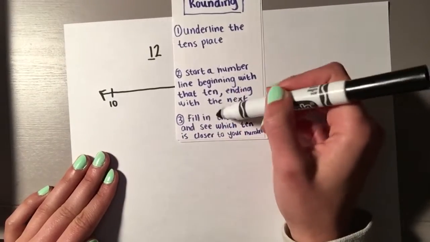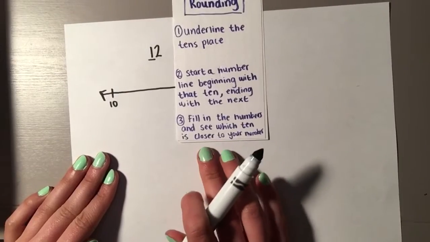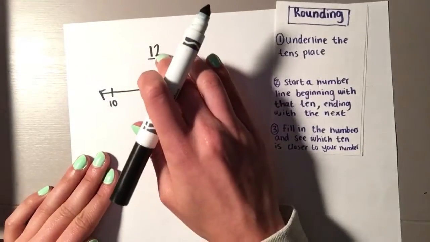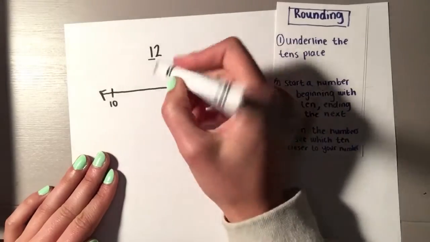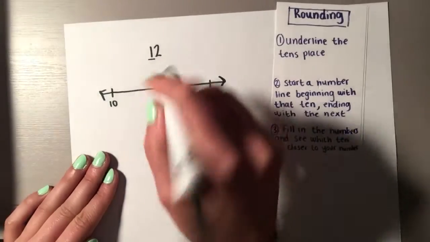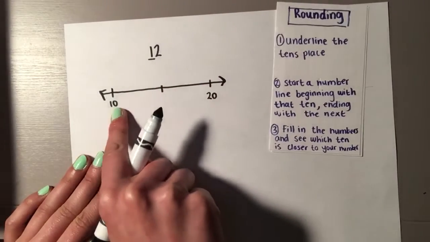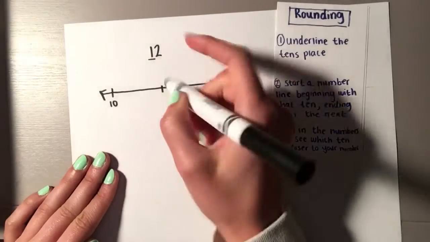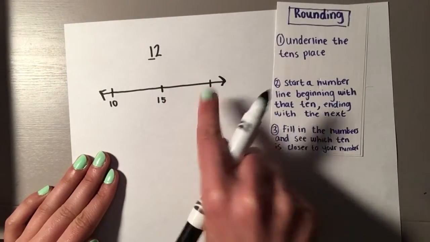The third step is to fill in the numbers on this number line and then see which 10 is closer to my number, which is 12. So I'm going to fill in my number line. When I make mine, I like to mark the middle and then do what's halfway between these. Well, I know that 5 is halfway between 0 and 10, so 15 is halfway between 10 and 20.